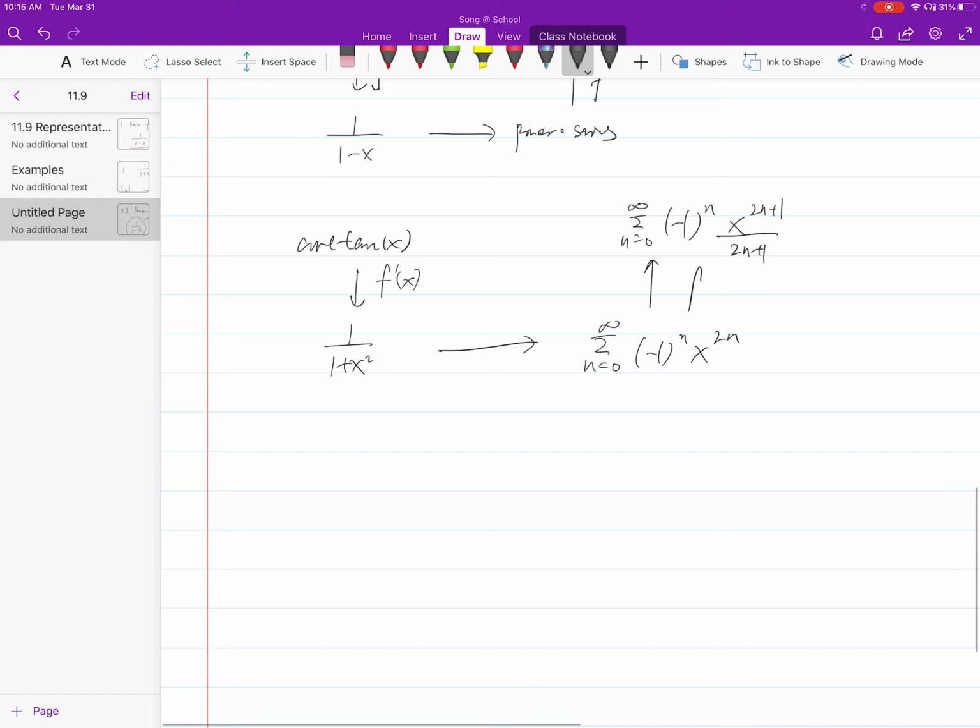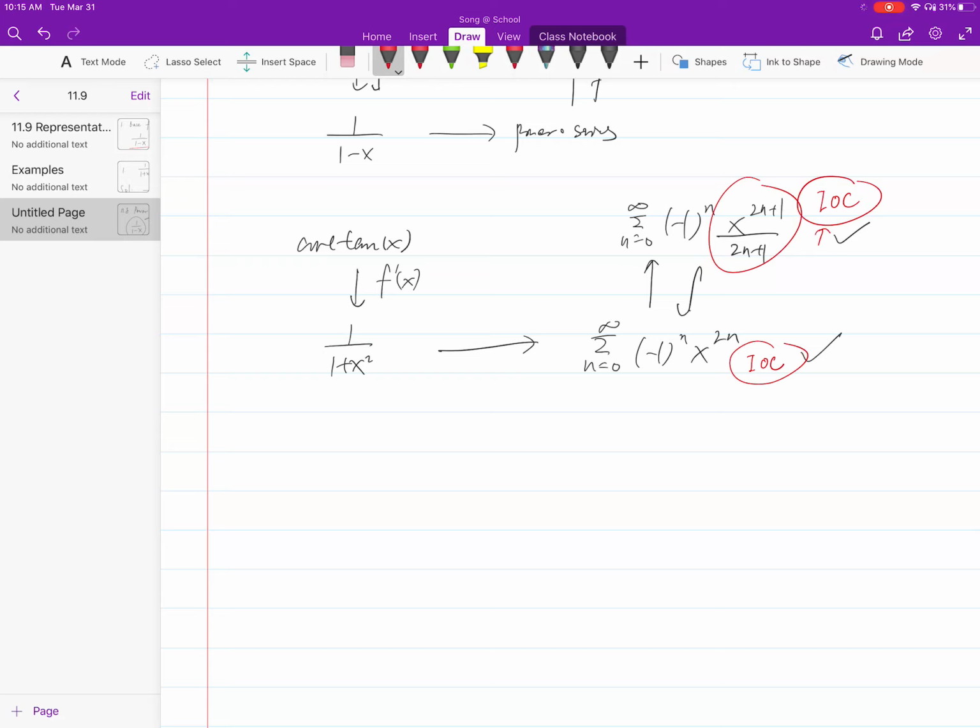So now here's the interesting part. We have two series. The first series will be the arctangent one. The second series will be the one for the derivative of arctangent. Now you know the series will only work if the whole thing is convergent. So this one is going to have an interval of convergence. This one here is going to have another interval of convergence. Now the question becomes, will these two intervals of convergence be the same?